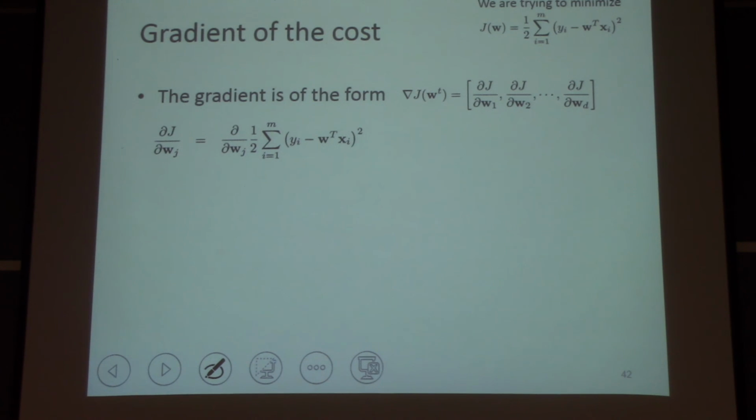We want to find the derivative of this function capital J with respect to the jth element of the weight vector. Now I notice that I'm using the same letter. So you have a W which looks like W1, ..., Wj, and we want to find the derivative of this function with respect to Wj.